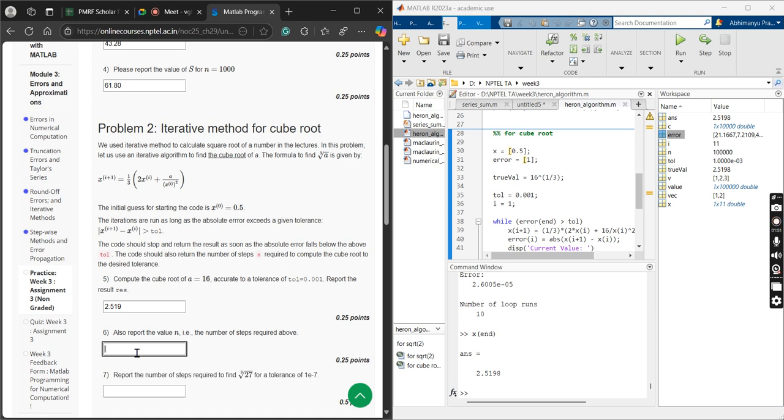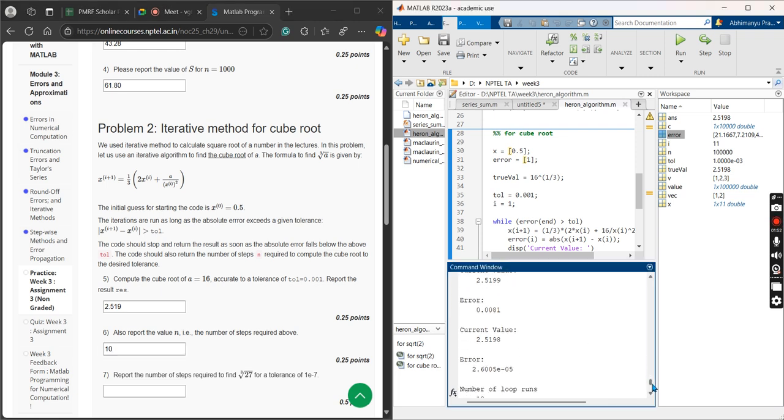Now also report the value of n, the number of steps required above, so that would be 10. I can see over here that after the 9th iteration my error is 0.0081, and after the 10th iteration the error drops below 0.001. So the loop exits.